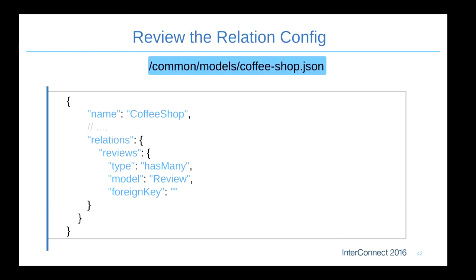This is just the serialization of the relationship in the model JSON file. In the previous example, I was showing you the order JSON file. This is the same file, but for the coffee shop model, and the relation section is filled in.